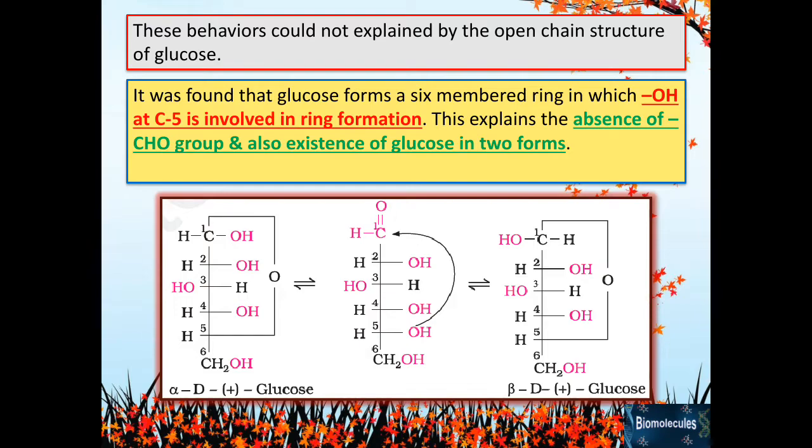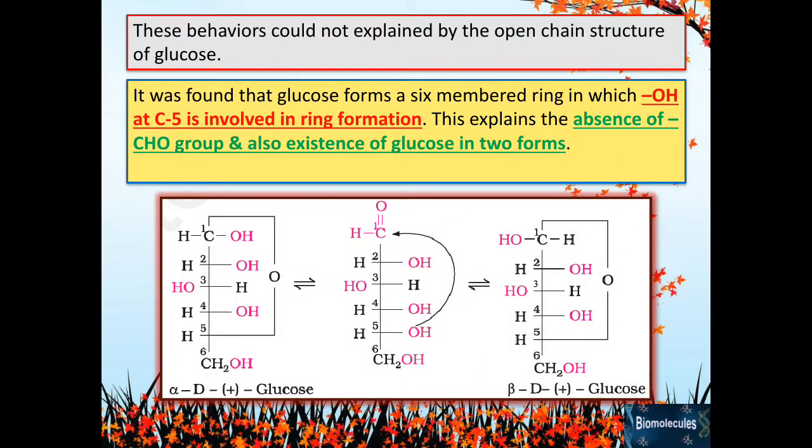You can see three structures on the screen. The middle structure is the open chain structure that we have discussed. Here, the OH group present at carbon number 5 forms a ring with carbon number 1. Carbon number 1 is the aldehyde group.